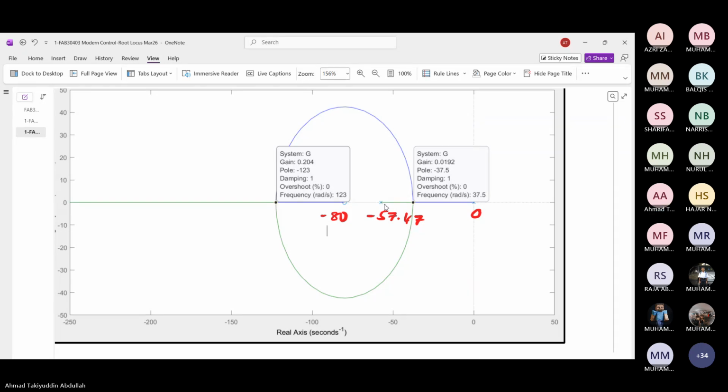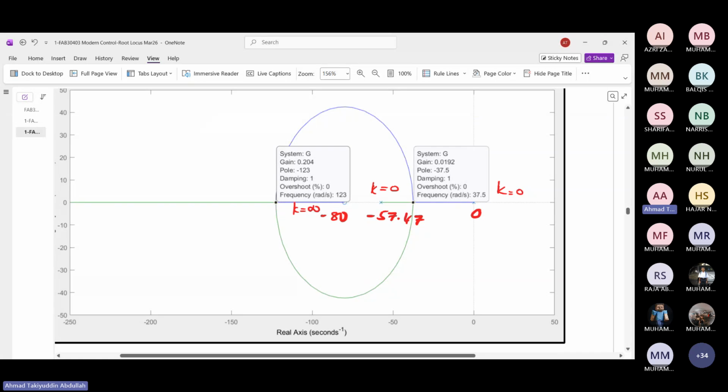Okay. So as we have the points that refer to the pole and zero, we also know at this point k equal 0. At this point k equal 0. At this point k equal infinity.